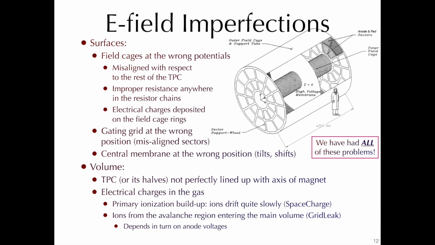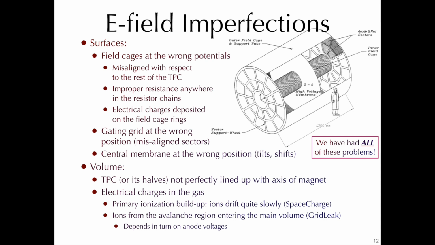And it turns out, we believe, that electrons are making it through this gap into the anode region even when the gating grid is closed, and ions are then taking the same path back out of that anode region into the main volume of the TPC even when the gating grid is closed. So the result is a nearly cylindrical sheet, if you will, of ions coming out of the avalanche region.